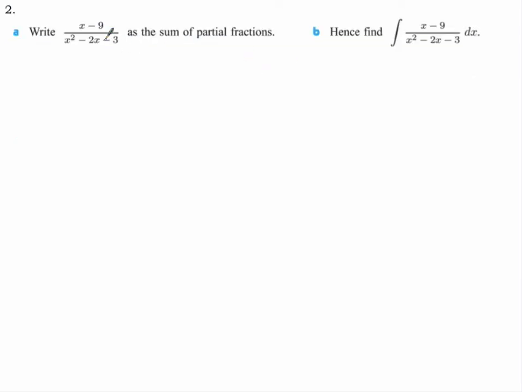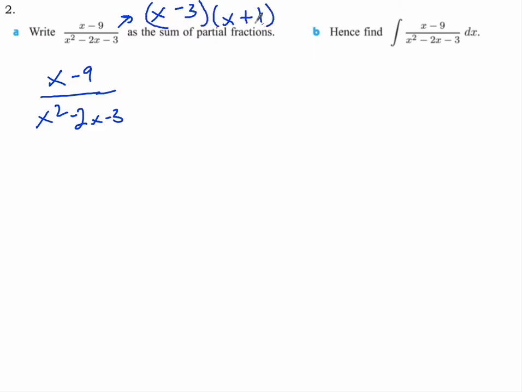The next one doesn't tell you what it breaks down to, so you've got to figure it out yourself. Actually, first let's factorize the denominator. The denominator is x minus 3 times x plus 1 as factorized.